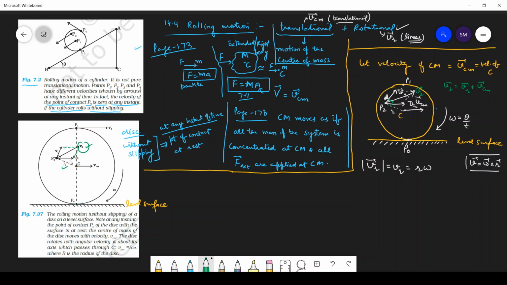This is the angle between R2 and VR. This is VR, this is VCM, and this is your V2, which is the sum of VR and VCM.